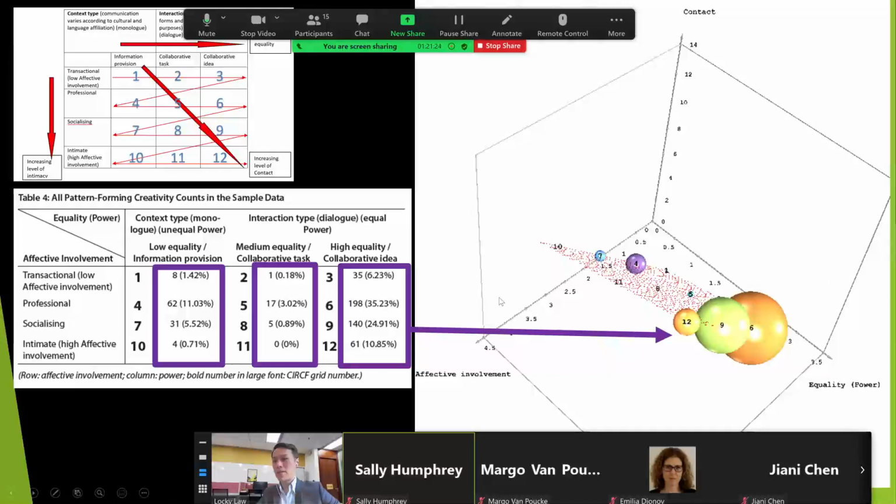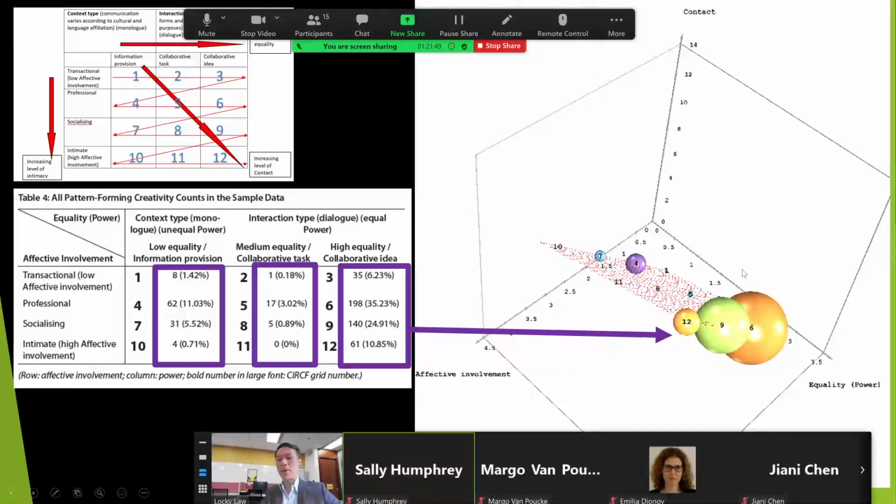What that means is, in this particular corpus, creativity mostly happens in high equality or collaborative ideas, in professional settings, if you refer back to the table. So this is how the dimension is reduced: we have actual numbers and data, and then we transform everything into just a diagram.